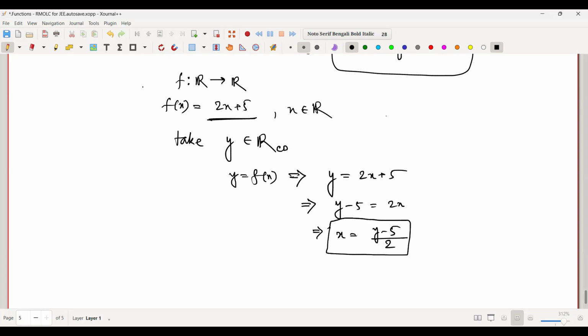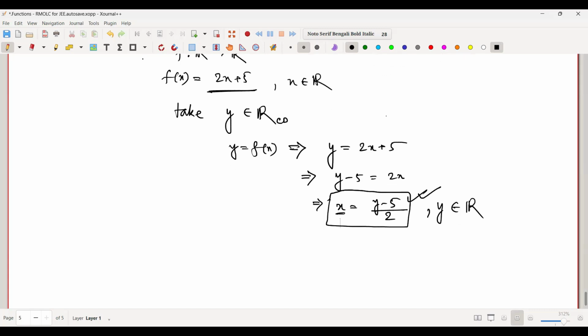Now tell me, if we take y to be any real number from the codomain set, because y belongs to R, the codomain set, that is the real number set. Now for every y, we will get an x from this relation, (y minus 5) by 2.